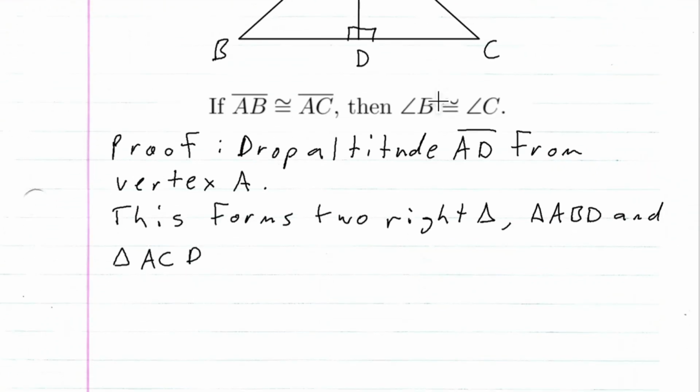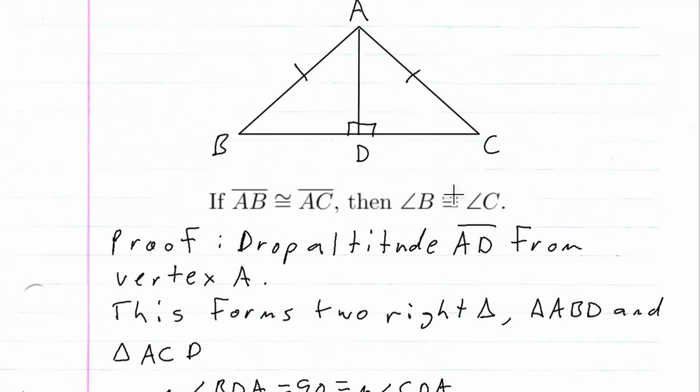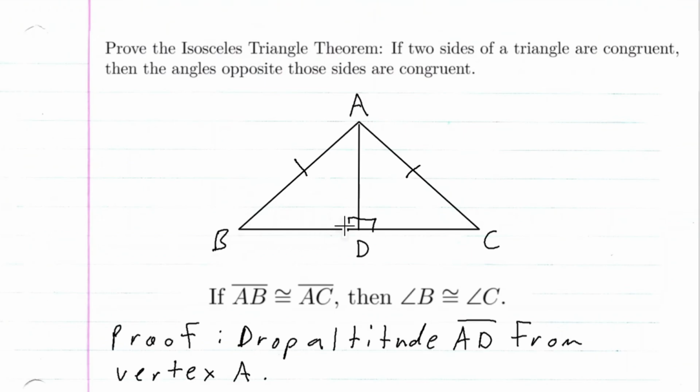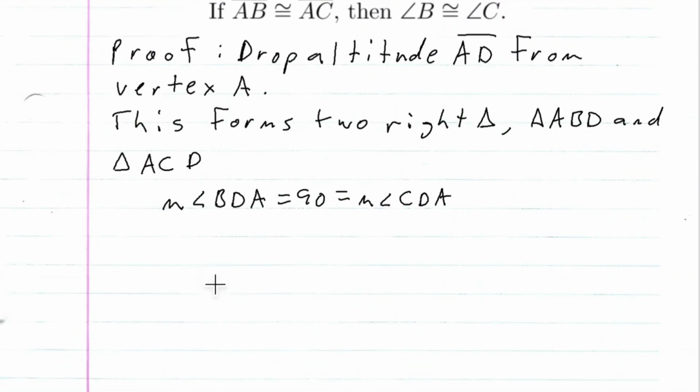So we know that the measure of angle BDA is equal to 90, which is equal to the measure of angle CDA, right? BDA is congruent to CDA. We have that AD is congruent to AD, right?